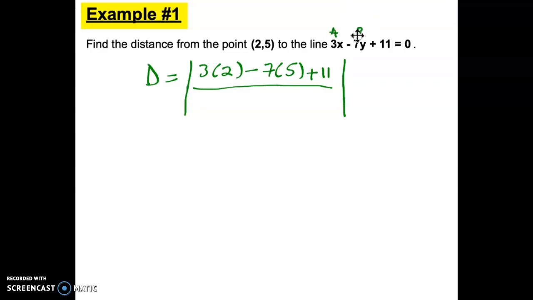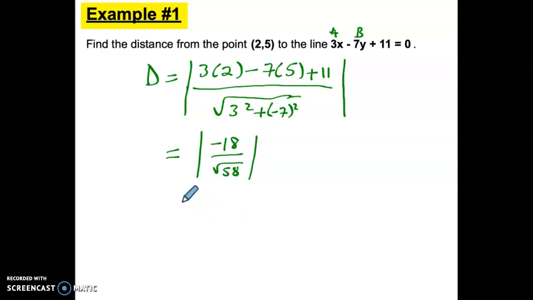So the a and the b, so we do square root of 3 squared plus negative 7 squared. And when we simplify this, we get the absolute value of negative 18 over root 58, which means our distance is 18 over root 58. So there's our distance from that point to that line.